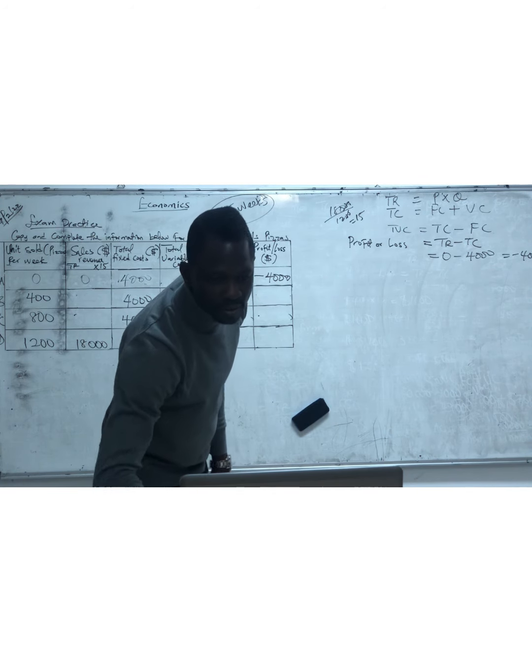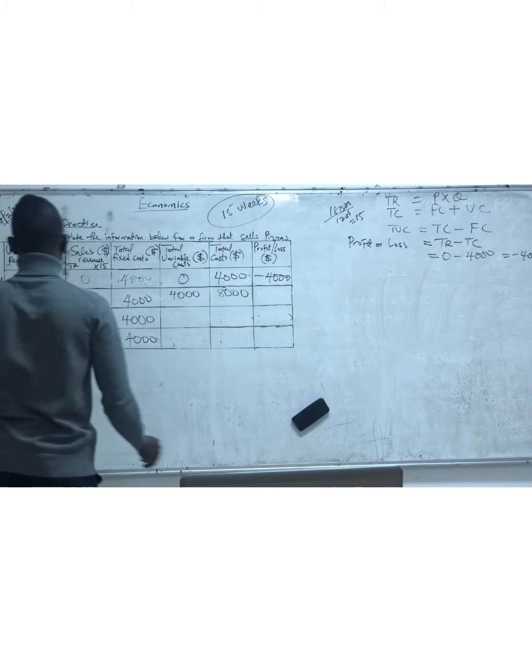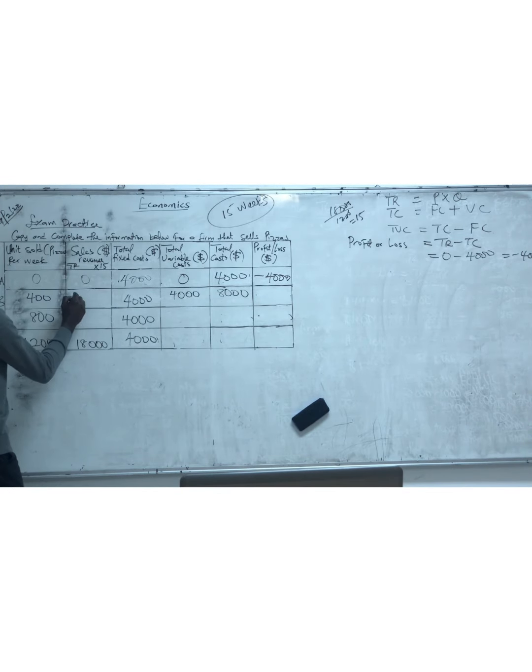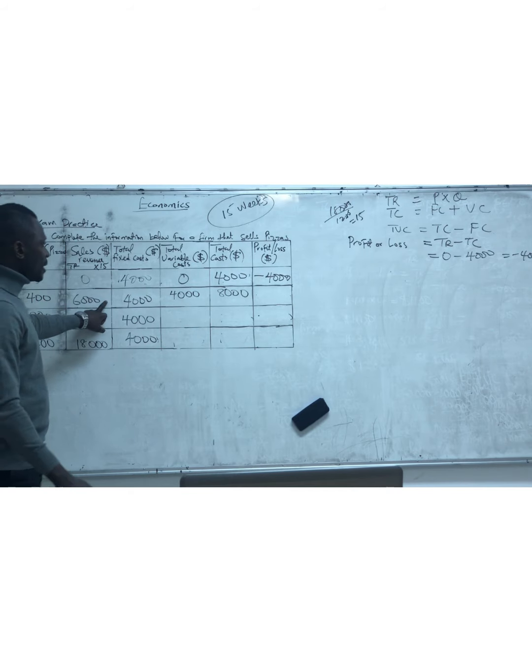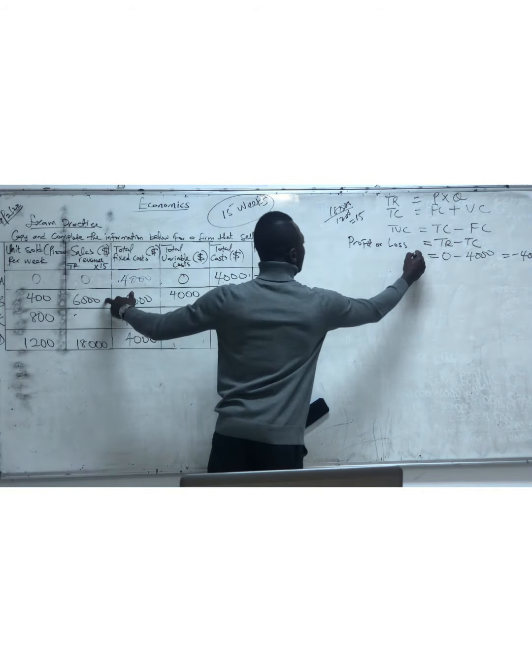Multiplied by 15. 6,000. So the sales revenue here is 6,000, which is our total revenue. For B, 6,000. So, if this is your sales revenue, then this is A.